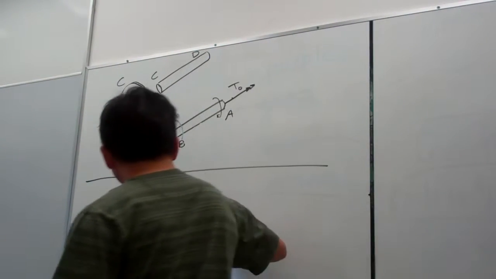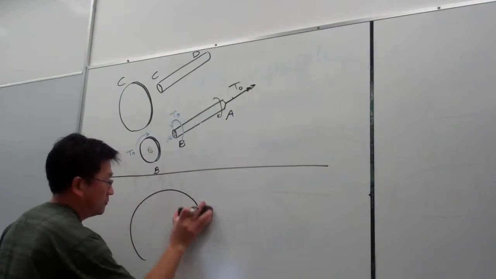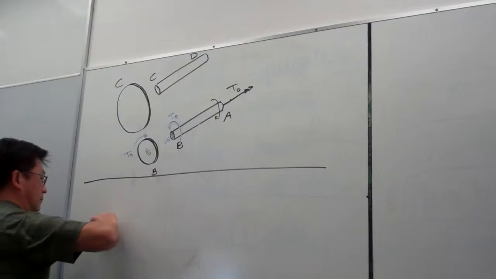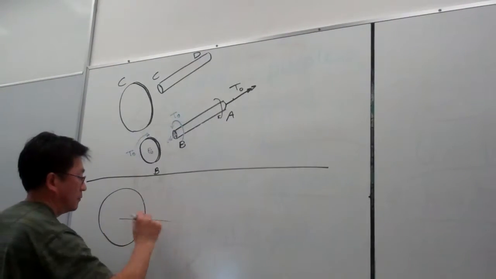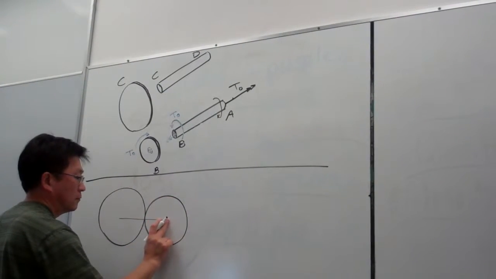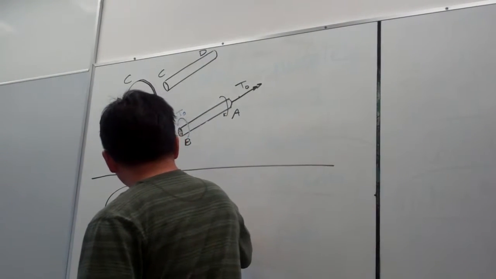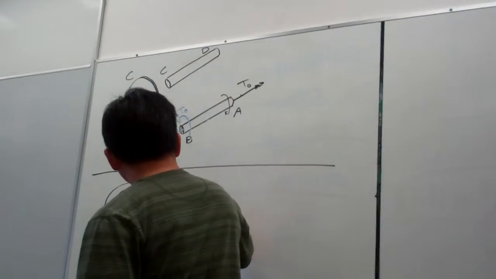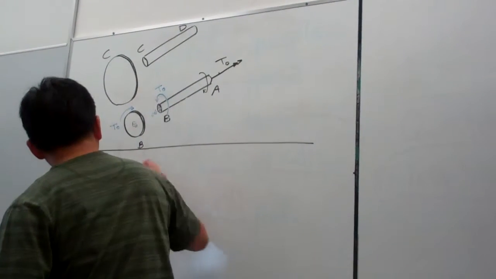So two gears. One gear is smaller, let me call its radius RB. And this gear has radius RC.